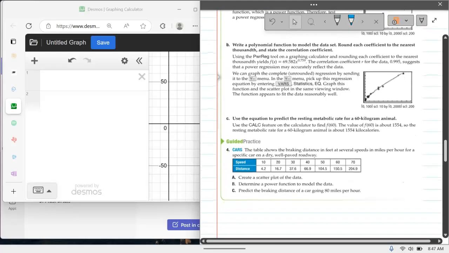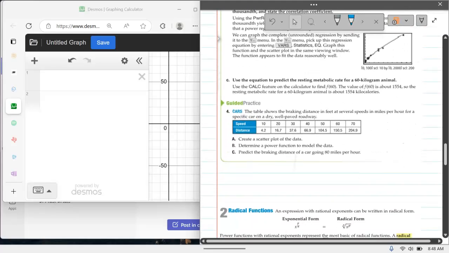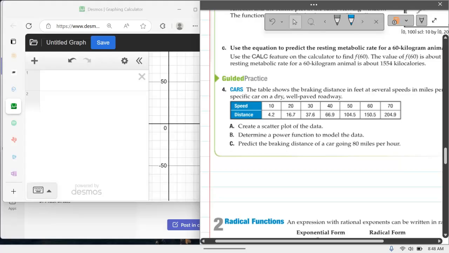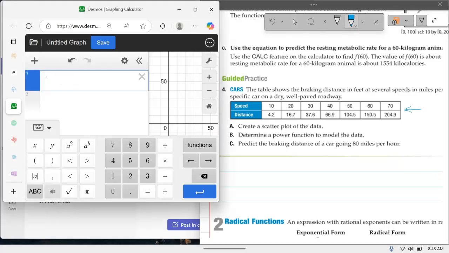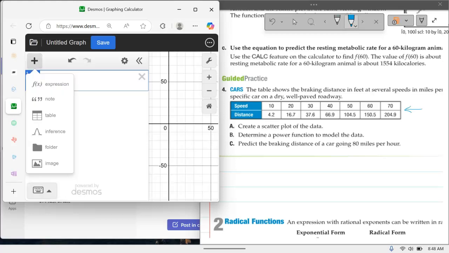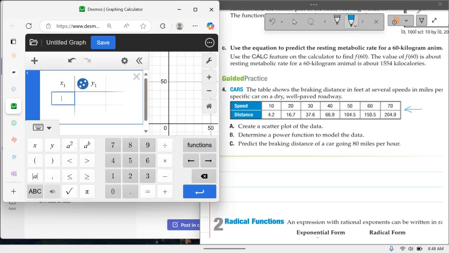So in order to do this, we want to actually type in this table into our Desmos. So I'm going to press the plus button, and I'm going to say table. And then I'm going to start to type all of these values, all of the x values, 10, 20, 30, 40, 50, 60, 70.